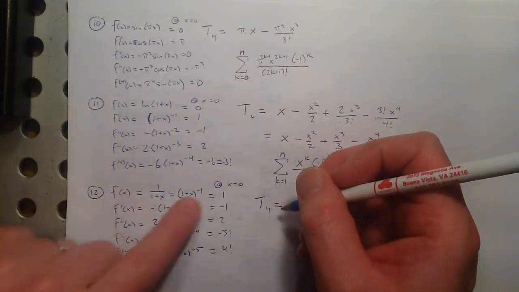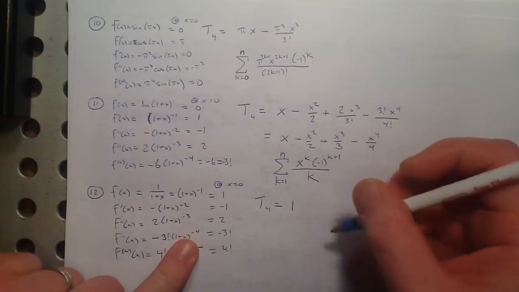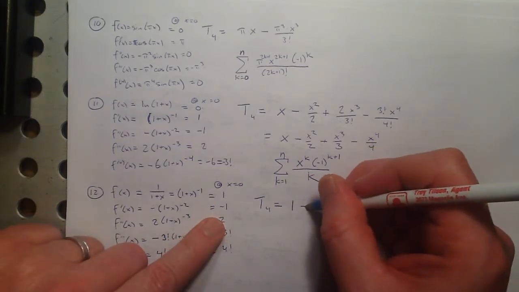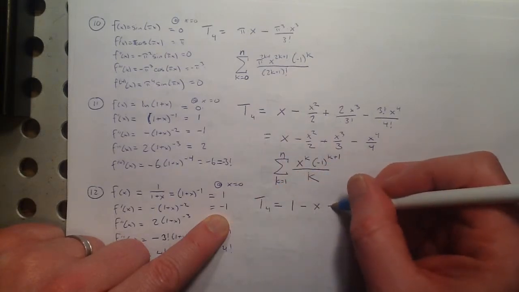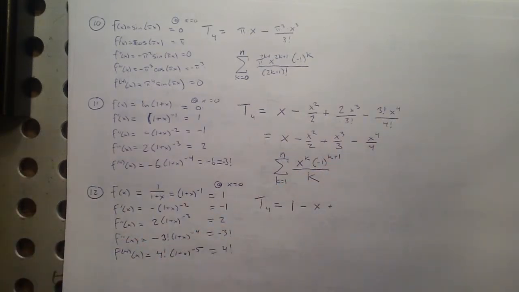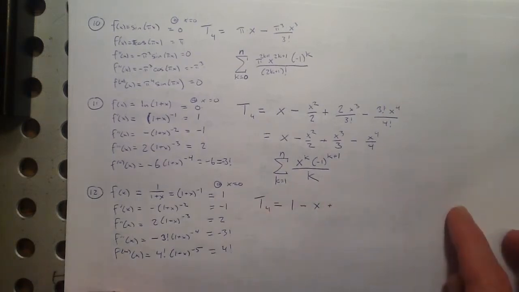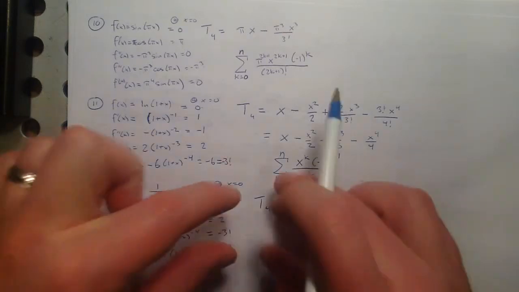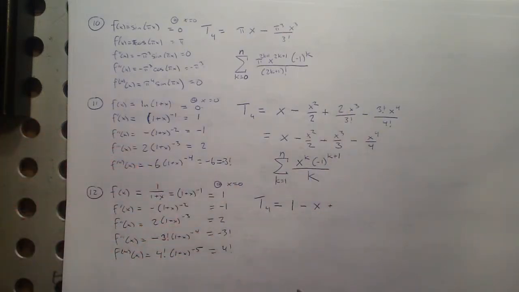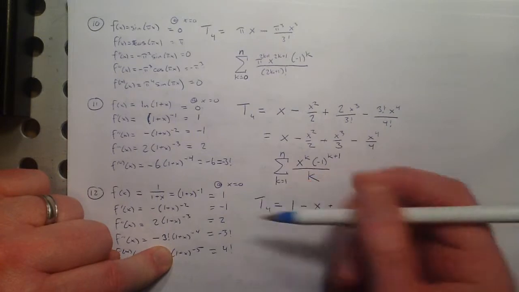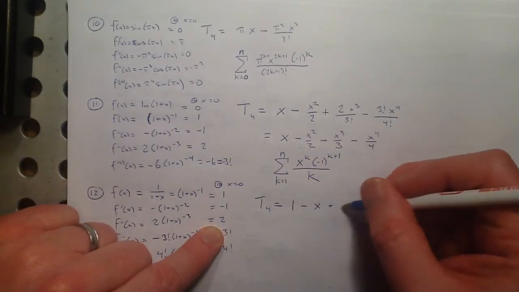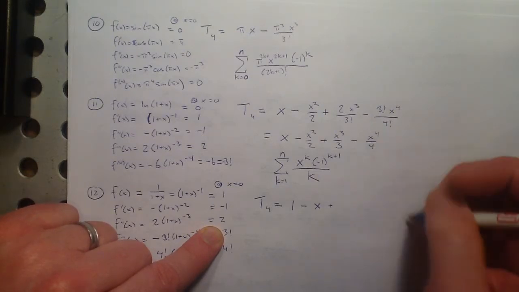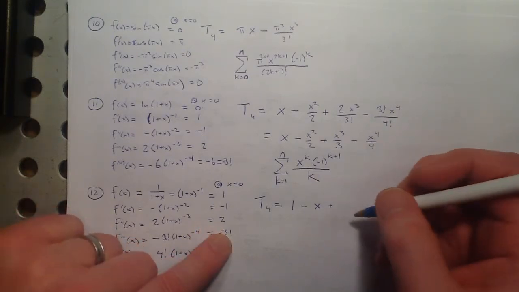First term, f of 0 is 1. Next term, minus x. Next term. And if I'm going a little bit too fast in terms of how I'm following the recipe, I would definitely pause the video and have the recipe right there so you can see where this is coming from. But it's just these coefficients times the x squared over 2 factorial, x cubed over 3 factorial, x to the 4th over 4 factorial, and so on.